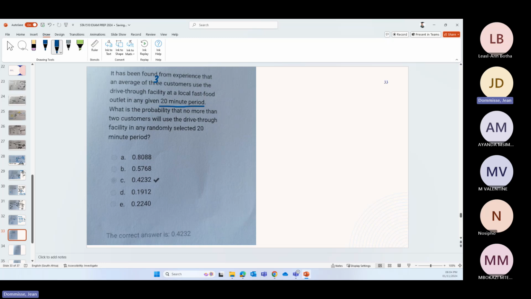What is the probability that no more than 2? So no more than 2 feels like no more than 2, so 2 and less will use the drive-through facility in any random selected 20-minute period.